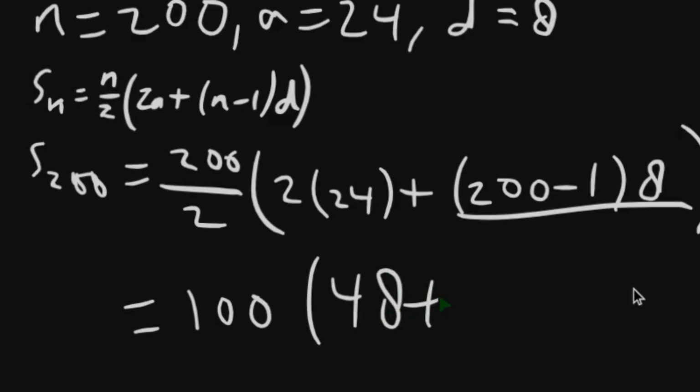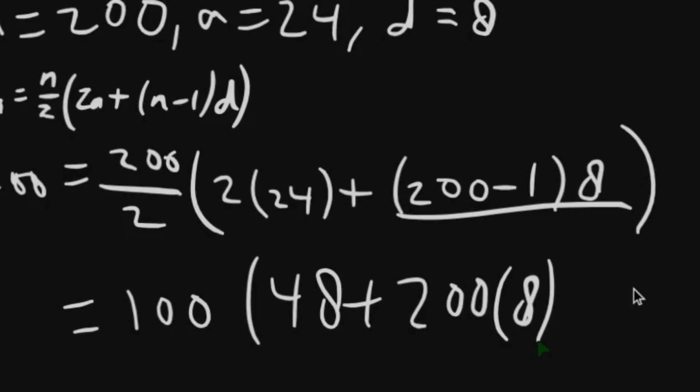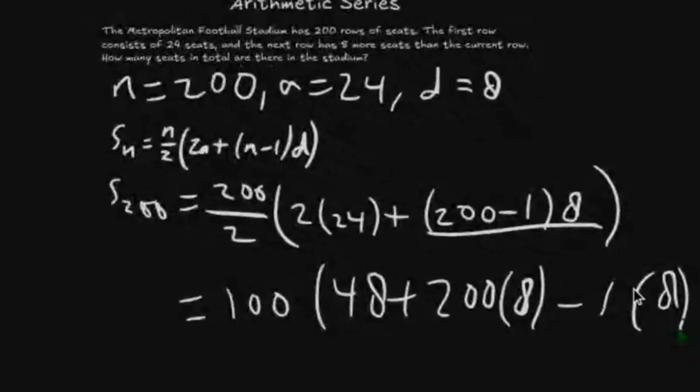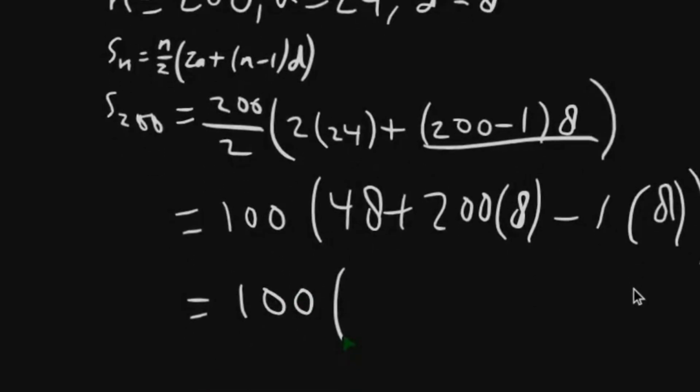Plus, we're going to distribute: 200 times 8 minus 1 times 8. Now we keep the 100, and 48 plus 200 times 8 equals 1600. 1 times 8 equals 8.